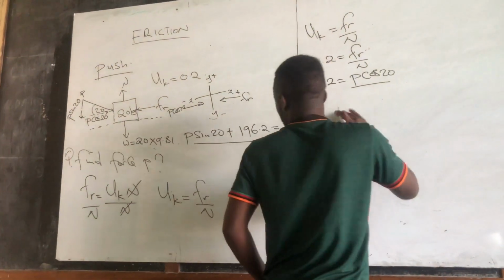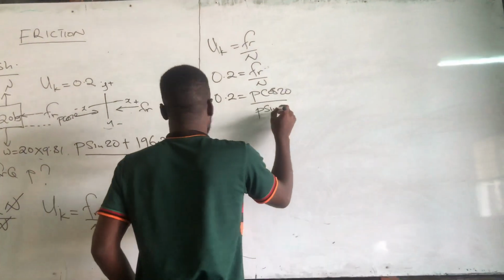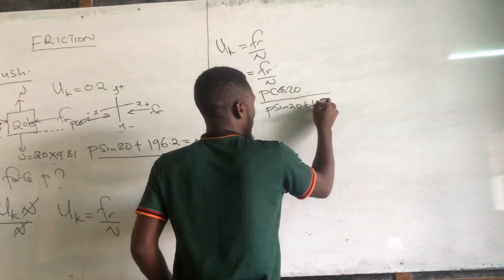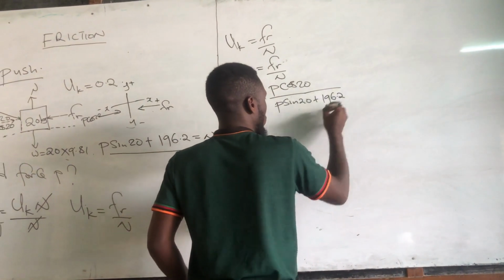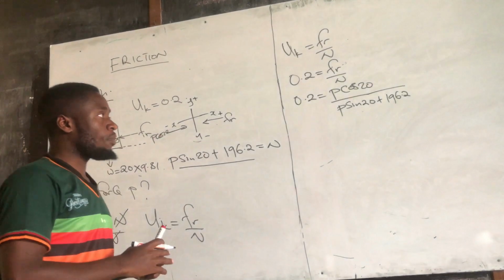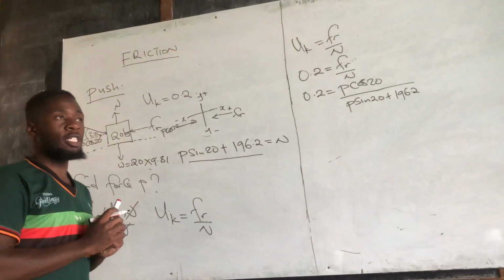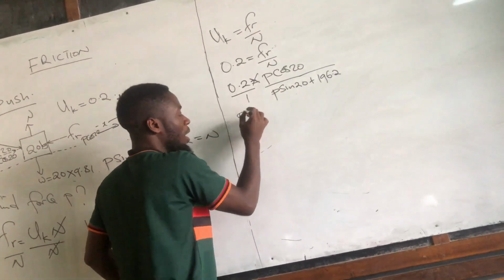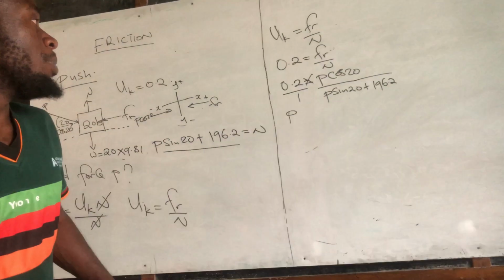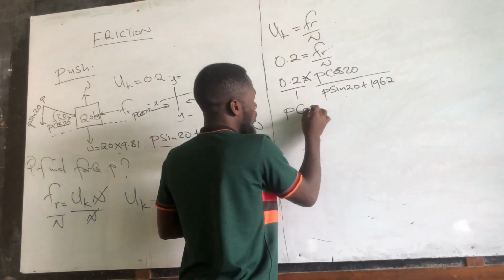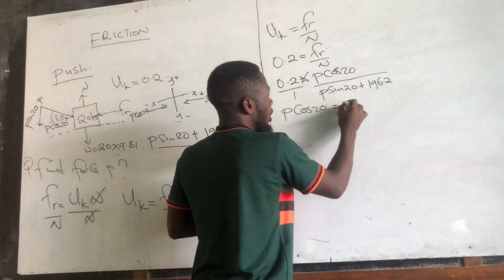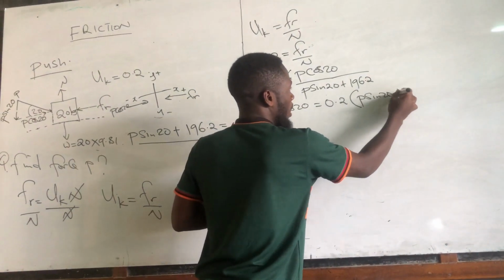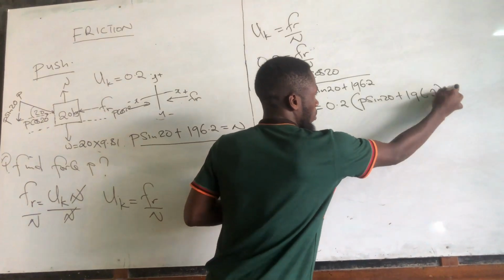So it will be P sine 20 plus 196.2. Then from here, you just do cross multiplication. So you cross multiply here, over 1, then it will be P cos 20 being equal to 0.2 multiplied by P sine 20 plus 196.2.